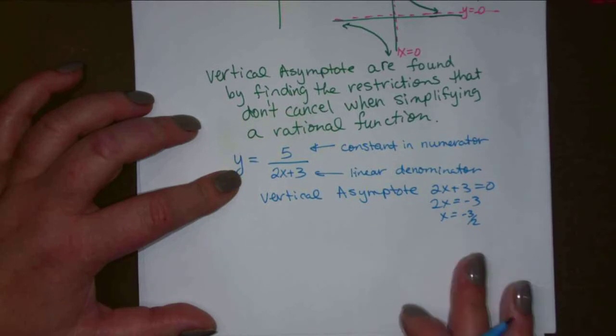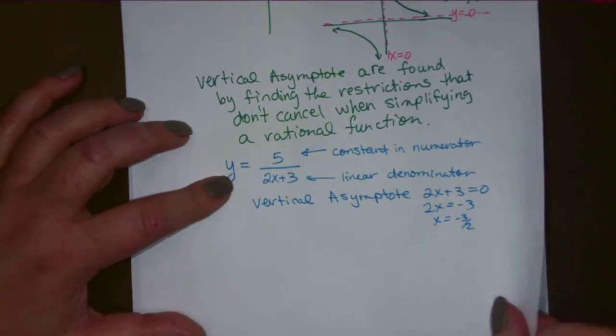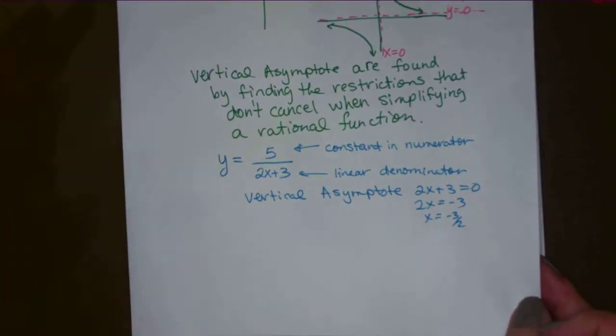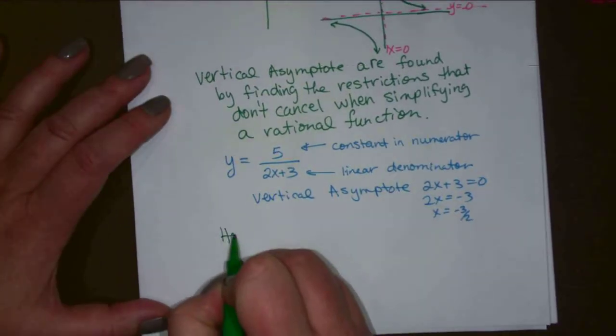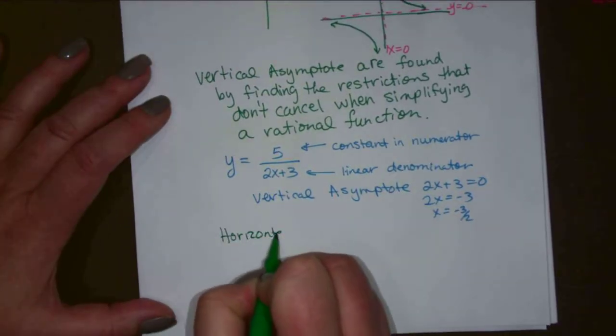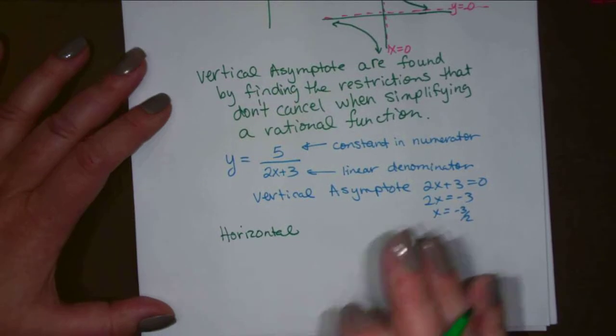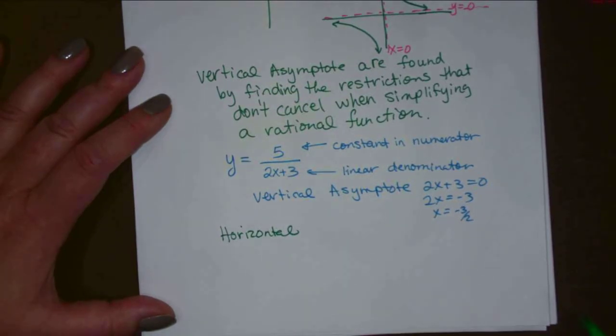Now, we'll draw that in a minute, but we won't do that one quite yet, just the vertical asymptote. Now, the horizontal asymptote, I'm not giving you the actual definition because you need calculus to find it, but we're going to cheat, and I'll show you how to find it with our particular equations only. Okay? So we're just going to do these easy ones.